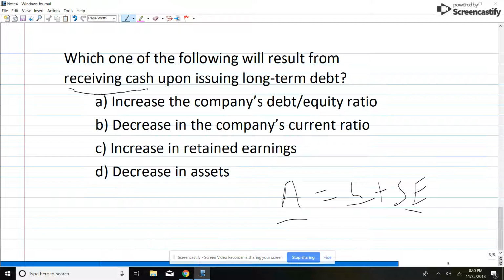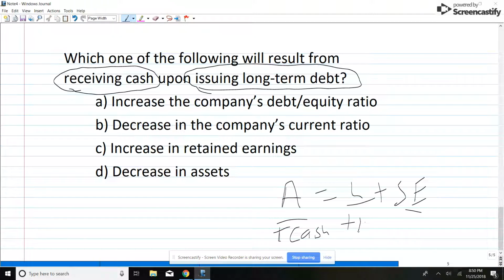We're receiving cash and we're issuing long-term debt, which is the whole point of chapters 10 and 11. So we know that our cash is going up because cash is an asset, and long-term debt is going up. And that's a liability.